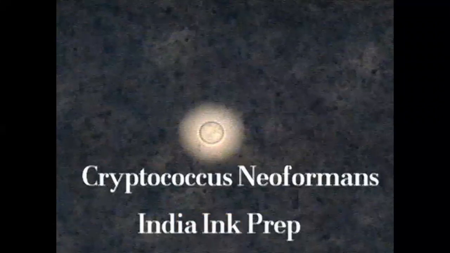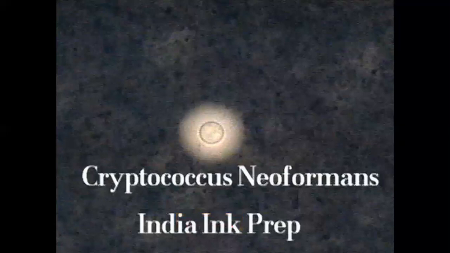If you put a drop of black ink underneath the cover slip, the entire CSF is going to turn black, and the ink cannot penetrate the capsule. There is going to be a halo around the budding fungus or the bud.